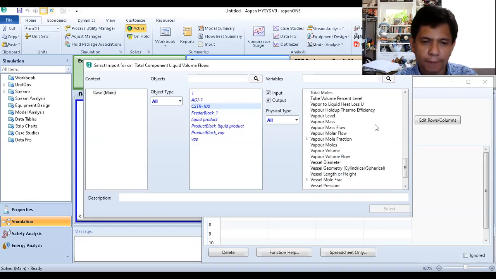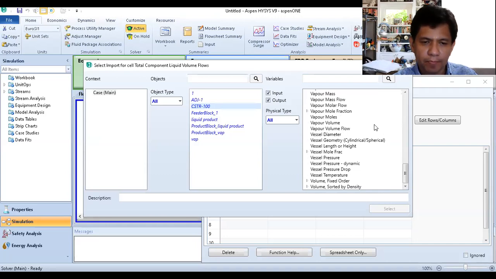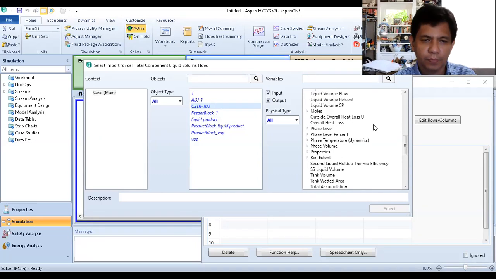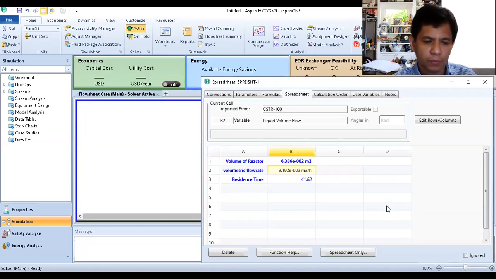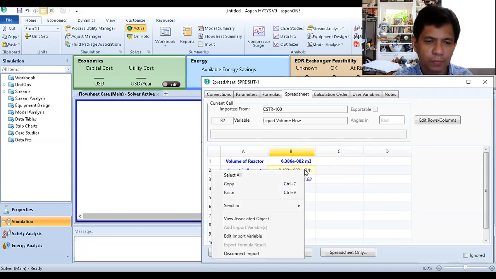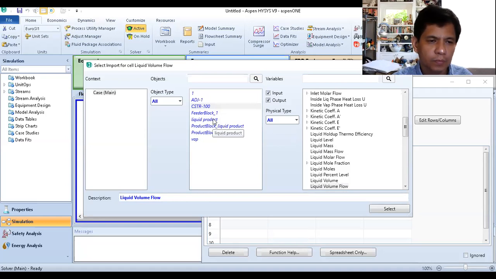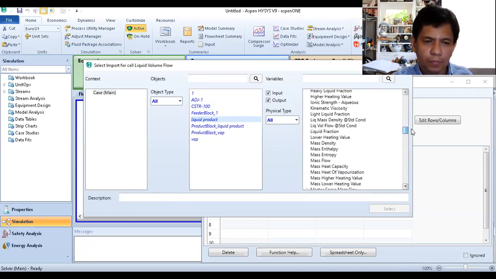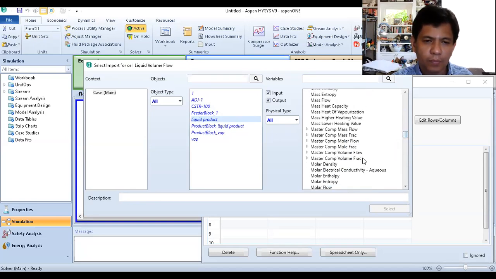Volumetric flow rate. Ito, master component volume flow. Probably this is it. Master component volume flow.